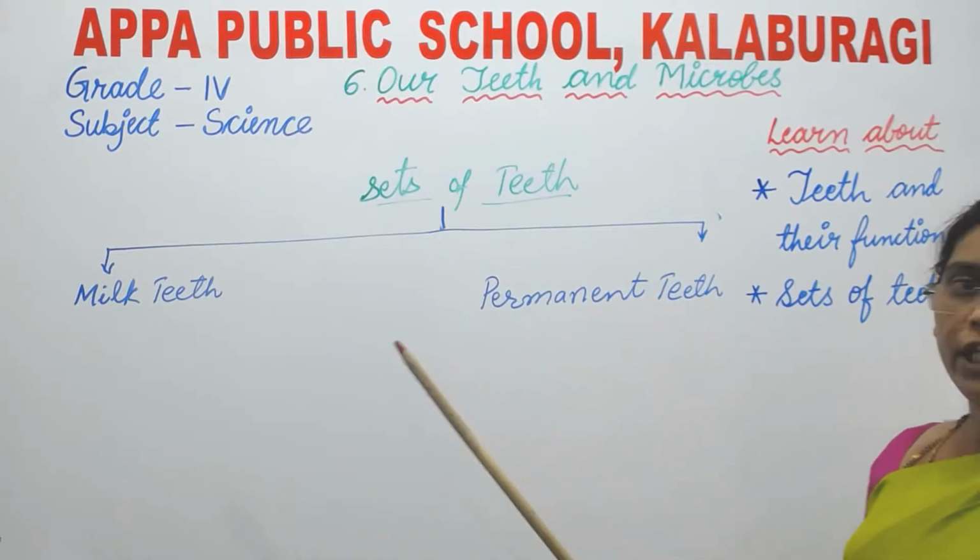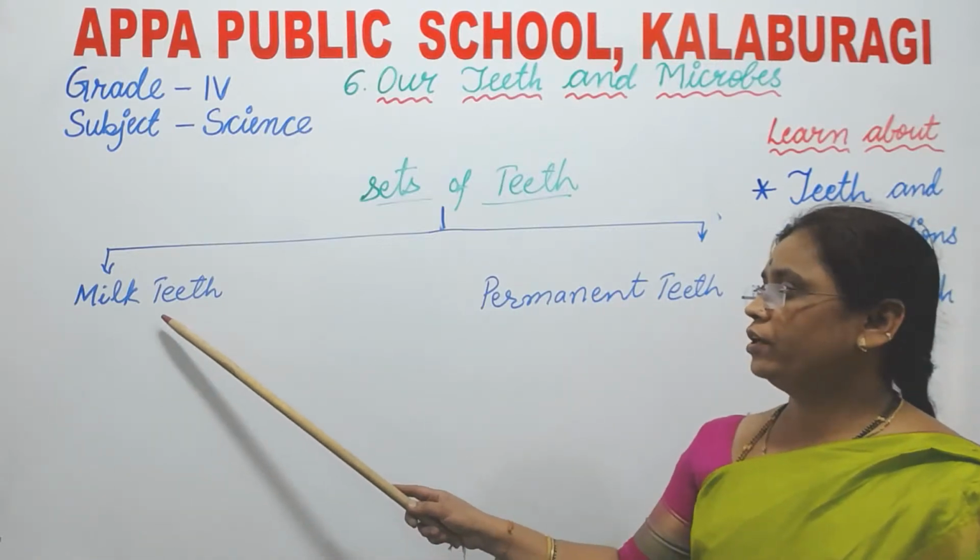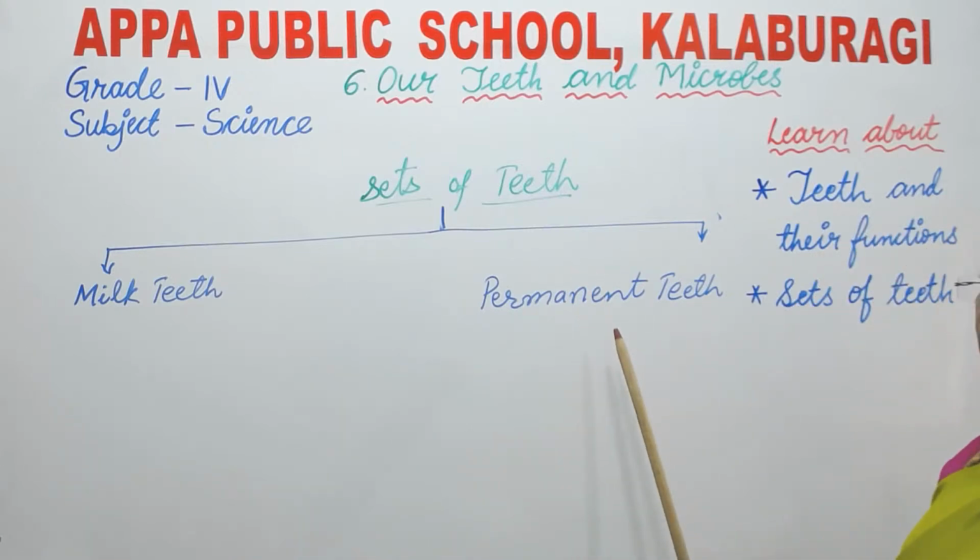So we have 2 sets of teeth, milk teeth and permanent teeth.